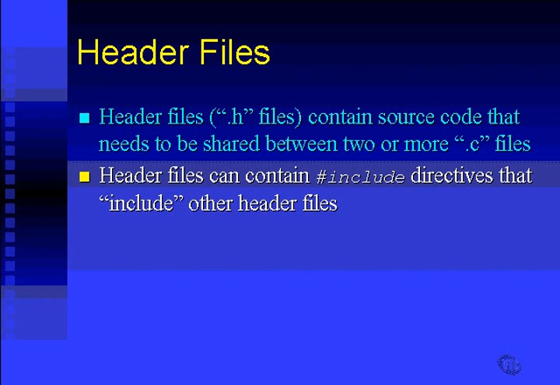Just so that you know, a header file obviously is going to be included in your .c file by the use of a #include directive. Now, actually, you'll find that header files can also have #include directives in them. So you can have a file included inside a file that is then included inside another file, and so on, as deep as you want to go.